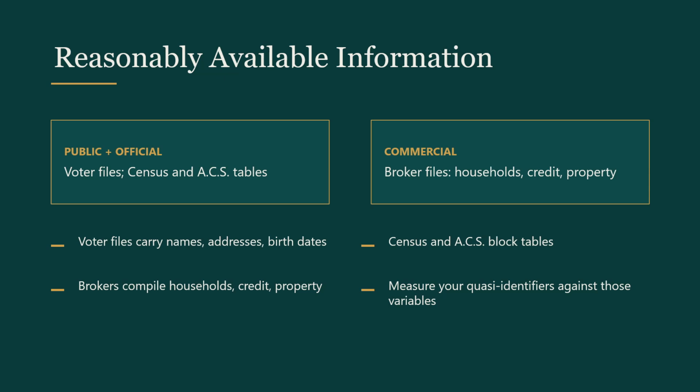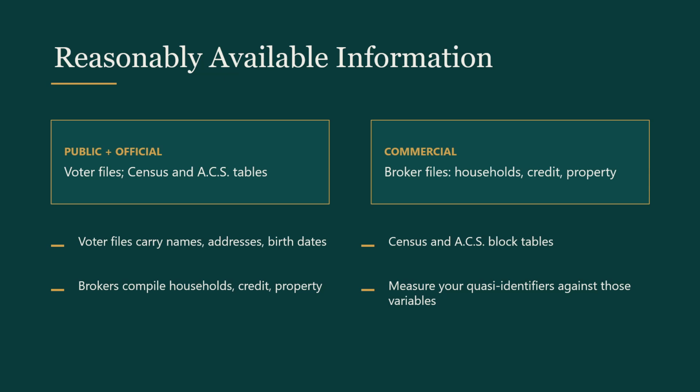Tier 2, Official Statistical Products. Bureau of the Census tables and the American Community Survey give block-level and tract-level counts of age by sex by race, which is what you use to anchor the population denominators the journalist model needs. These do not identify anyone by themselves.